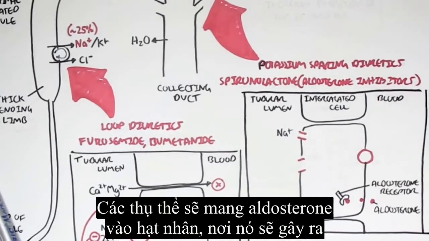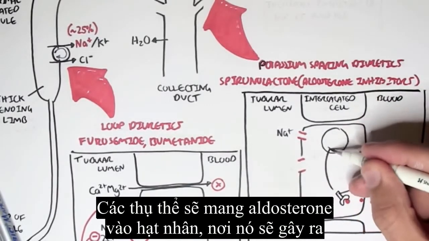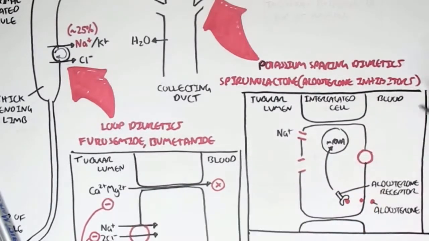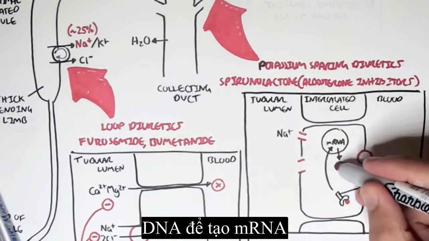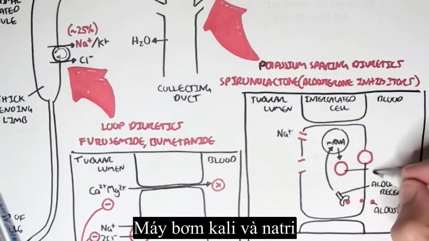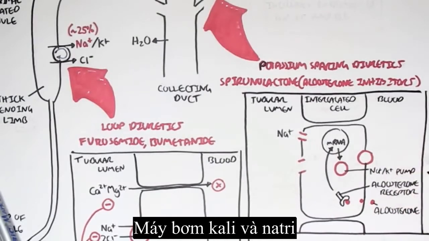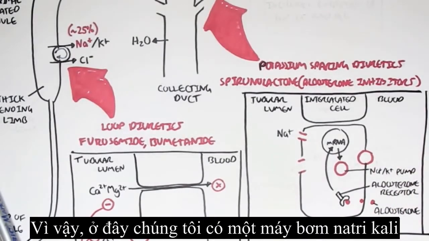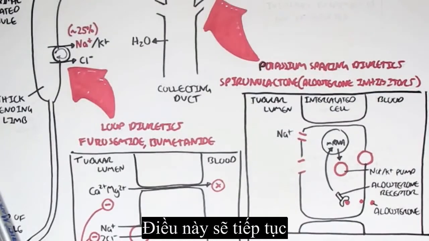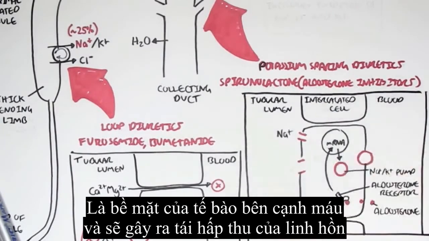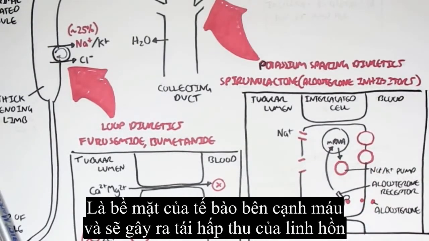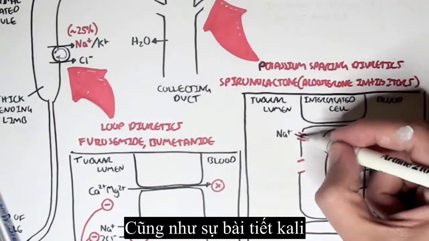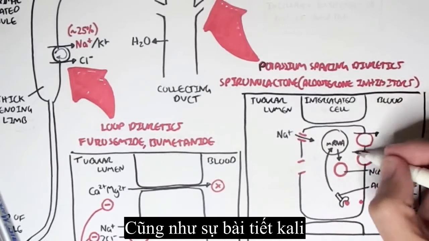The receptor will bring the aldosterone into the nucleus, where it will cause the DNA to make mRNA for potassium and sodium pumps. So here we have a sodium-potassium pump. This will go onto the surface of the cell next to the blood and will cause the reabsorption of sodium as well as the excretion of potassium.